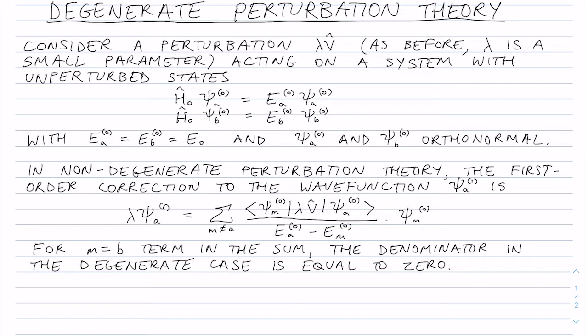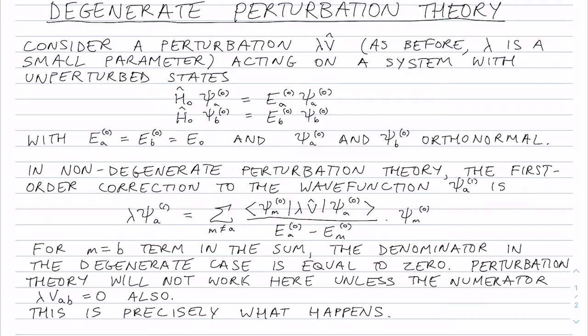And in fact, that's precisely what happens. So how can this occur? For our case with twofold degeneracy, we're going to find two new eigenstates of H naught with the same energy, which are linear combinations of psi A and psi B, such that V AB is 0. And so that will allow the numerator to go to 0, and that will allow us to lift the degeneracy when we apply the perturbation.